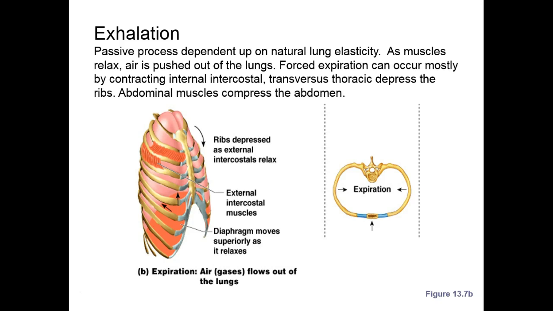They're trying to get the CO2 out. It has to do with the fact that most of the feedback system is based on carbon dioxide, not oxygen. We'll talk about that, but most of the feedback system in terms of setting your rate, rhythm, and depth is based on chemoreceptors that pick up carbon dioxide levels.